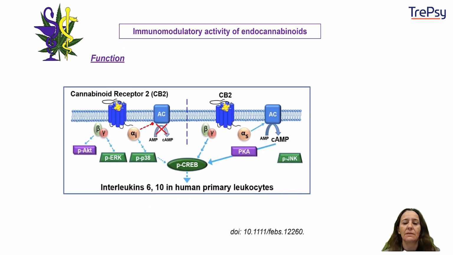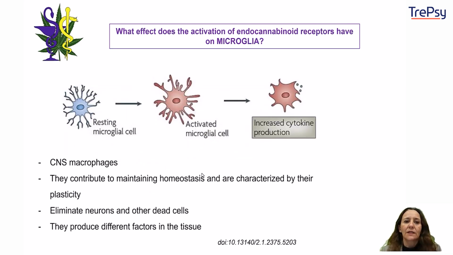This is a summary, in the same direction as the previous slide. We can observe here that CB2 can activate different pathways, but the most important thing is that they are going to regulate in order to suppress inflammatory response.